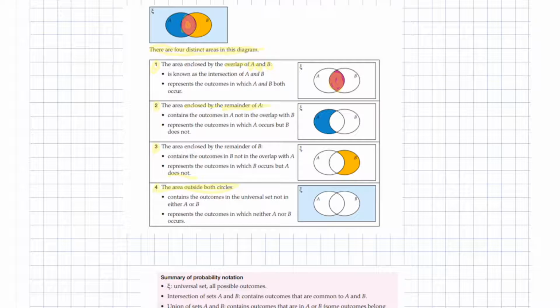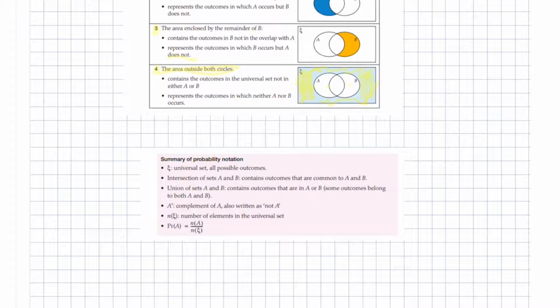Anything that is not included in events A and B goes in this area, which is shaded in blue. It is outside the circles but still enclosed by the rectangle. So all the outcomes that are not included in events A and B will go over here. Let's summarize this.